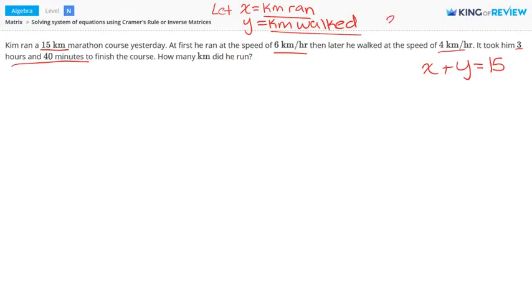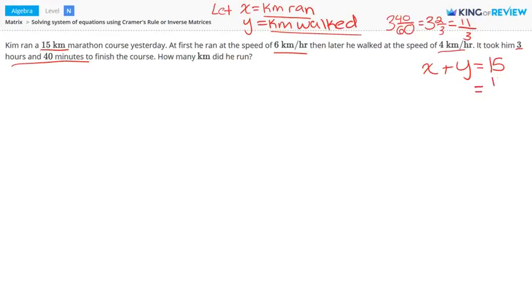So if we have 3 hours and 40 minutes, so 40 out of a total of 60 minutes, this is 3 and 4/6, or 3 and 2/3 if we reduce that. And let's just put this as an improper fraction. So 3 times 3 is 9, plus the 2 gives us 11 over 3. So 11 over 3 represents the total number of hours that he took to finish the race.